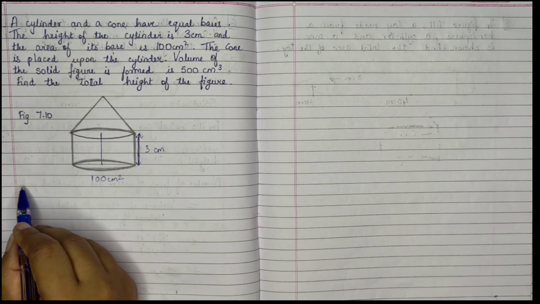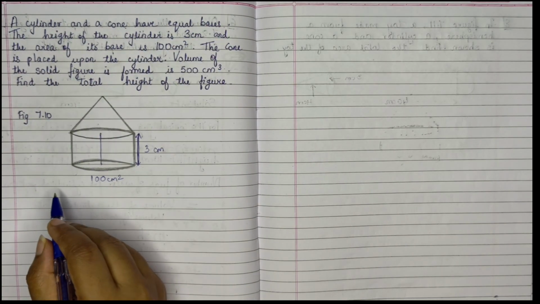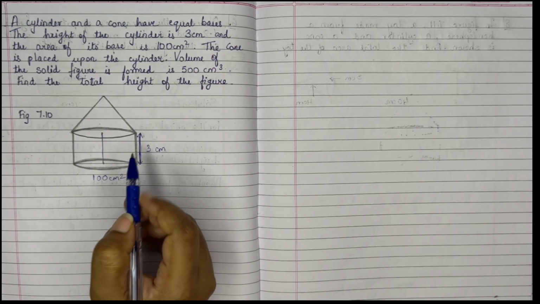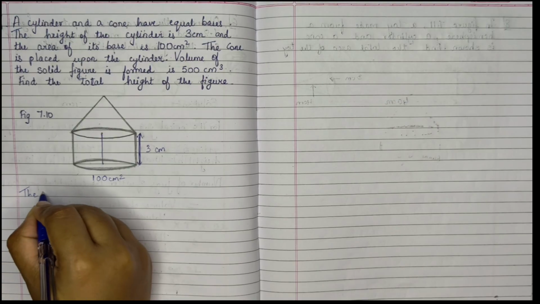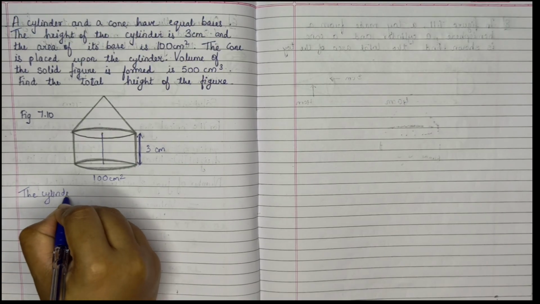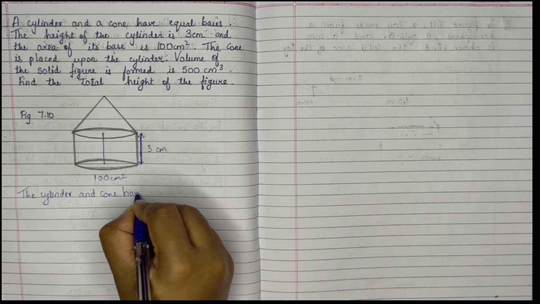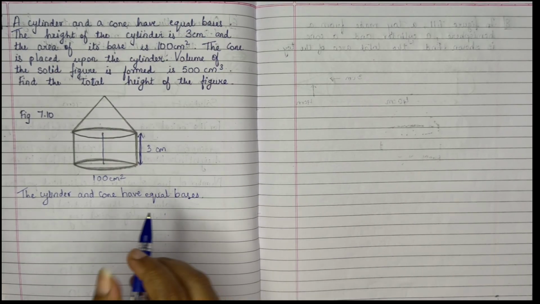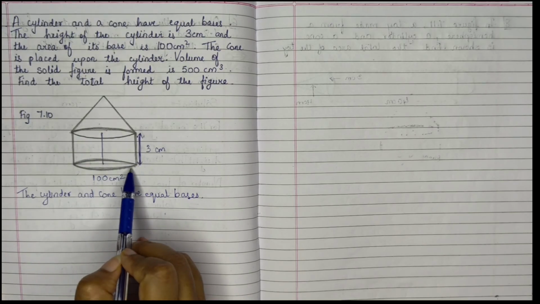Okay, so what we will do is, first we will say that the cylinder and cone have equal bases. If they have equal bases, that means the radius will also be equal. Since they have equal bases, their radius will also be the same.